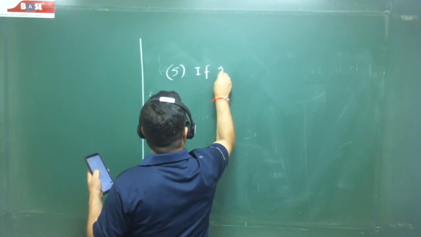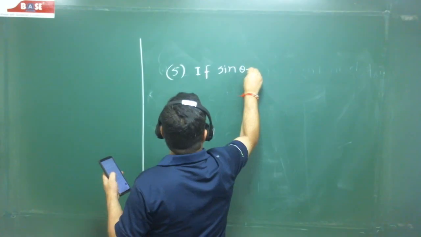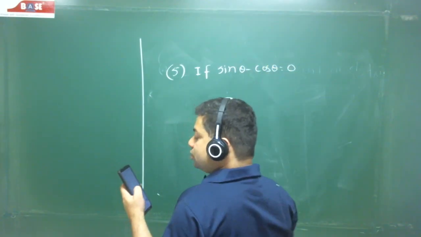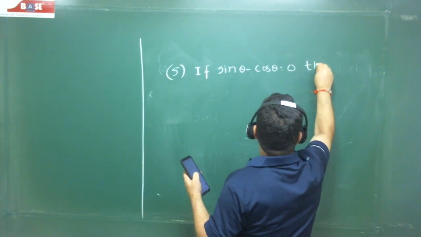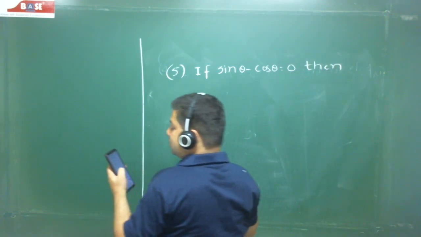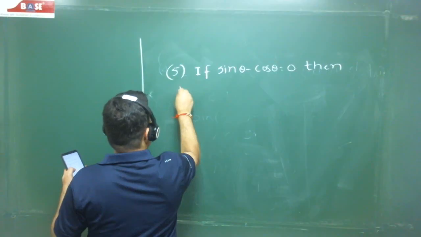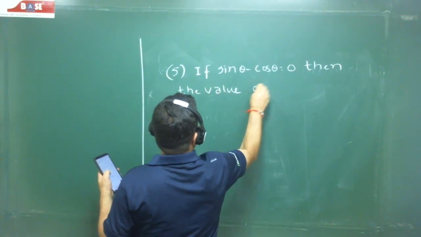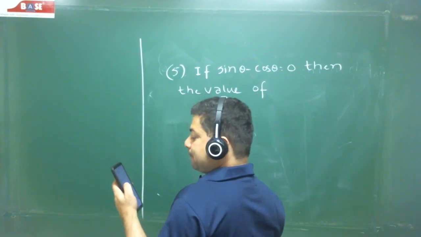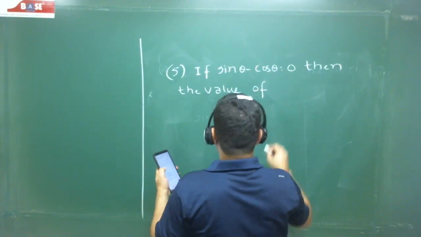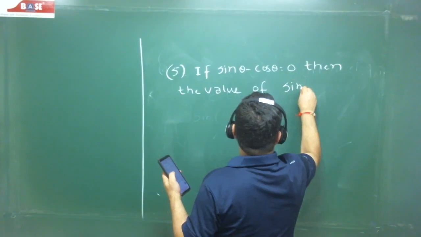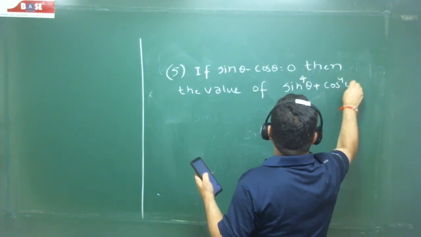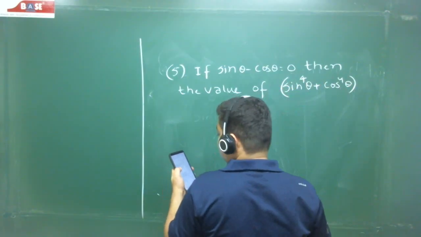If sin theta minus cos theta is equal to 0, then the value of sine raised to the power 4 theta plus cos raised to the power 4 theta.